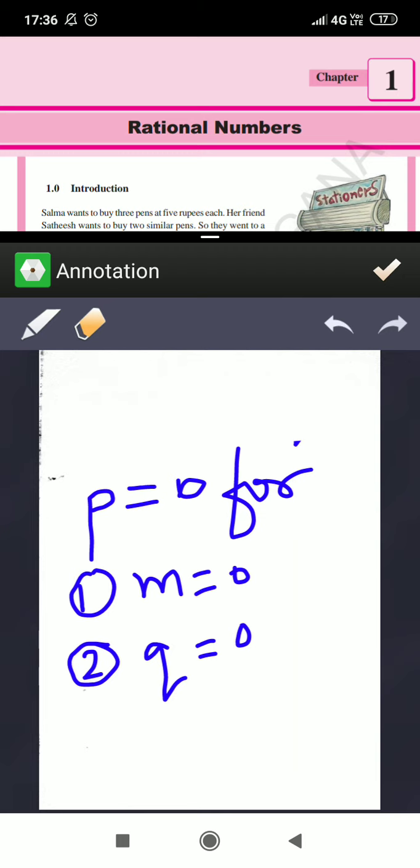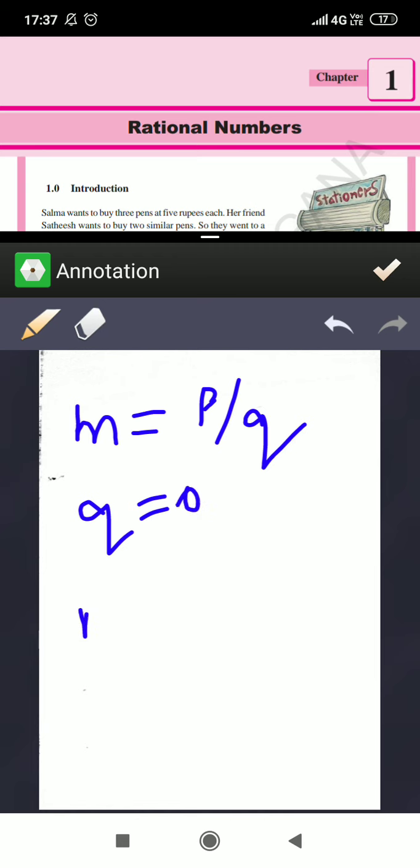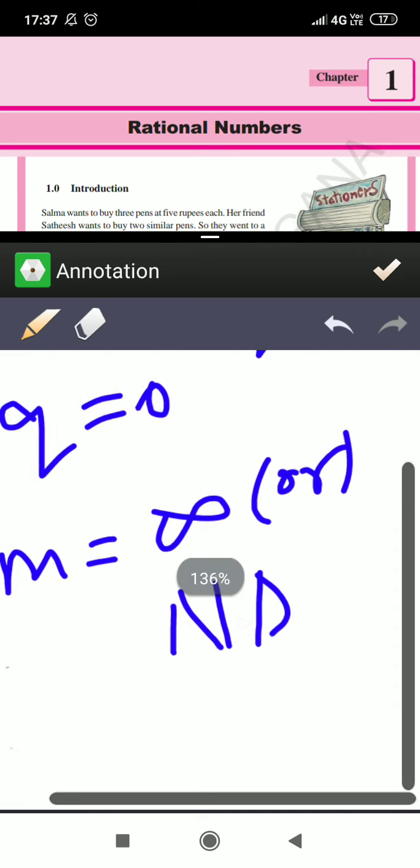Okay, fine. Now you have considered these two cases. Now consider the expression which I have given before: m is equal to p by q. When q is equal to 0, m becomes infinity, or you can say it is not defined.